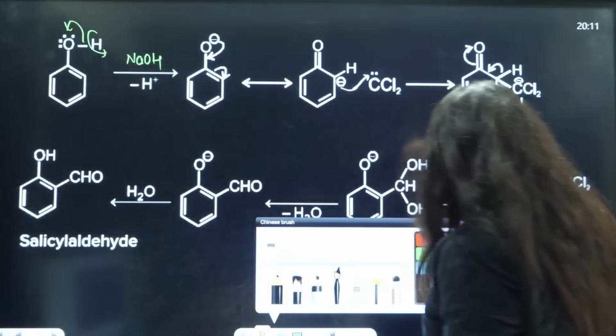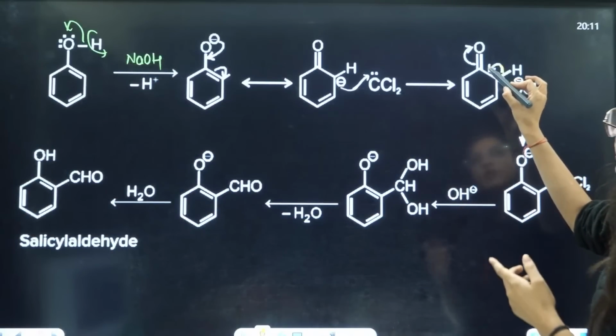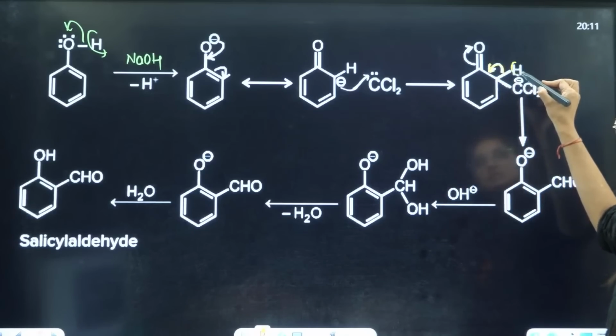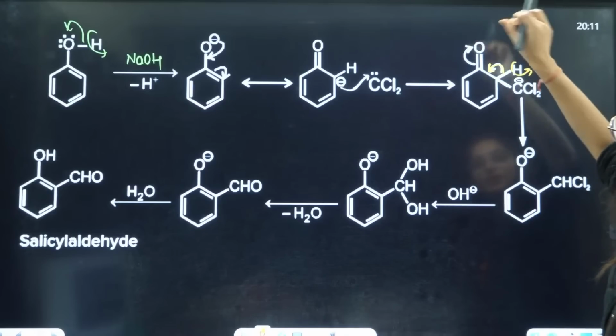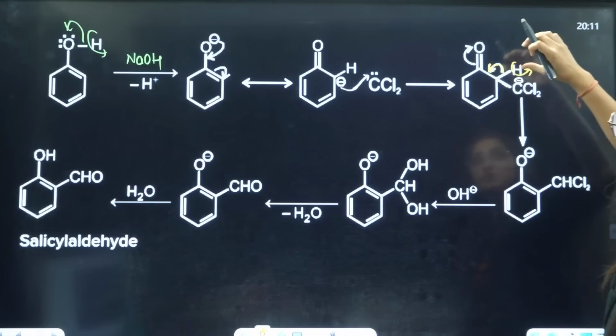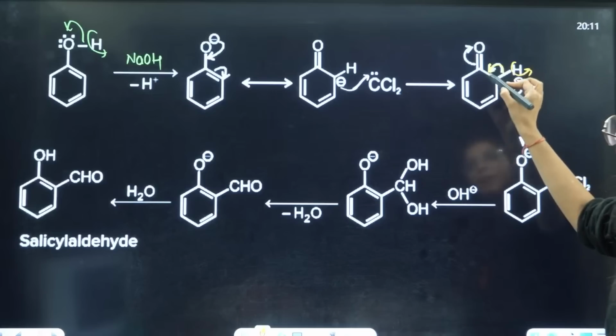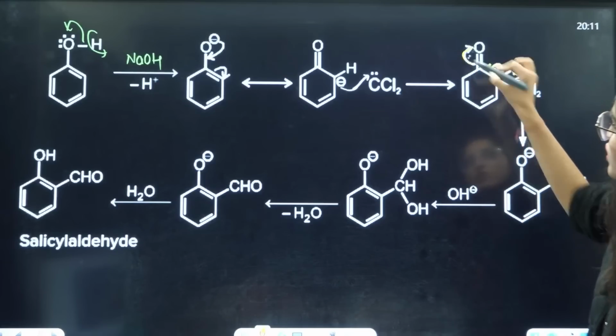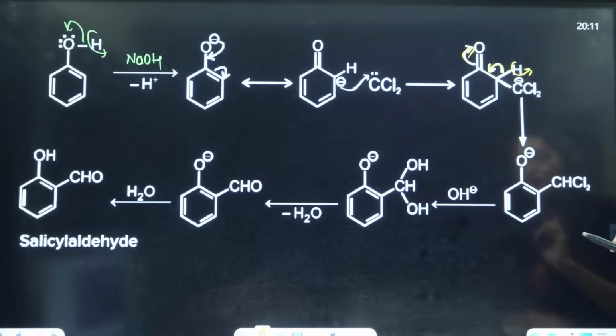Now, what will happen? Again, the same thing. This bond will shift here. The pi bond will form here. These electrons will shift here, and here you will have O negative.